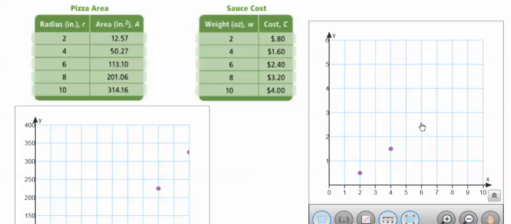Looks something about like that. And then 8 and $3.20, and it looks about like that. And 10 and $4 looks about like that. If you look at this, I would say, yeah, that's probably pretty good. Pretty much a line. Looks pretty linear to me. So for sure, that one is a linear function.